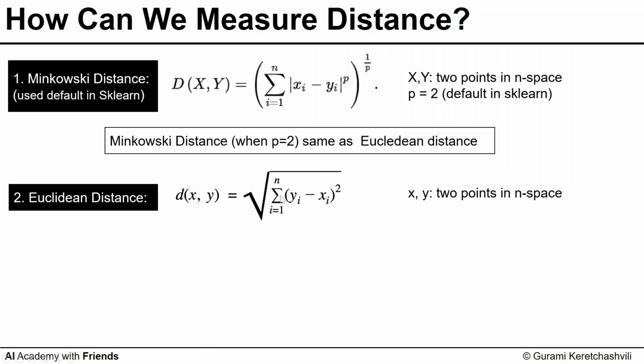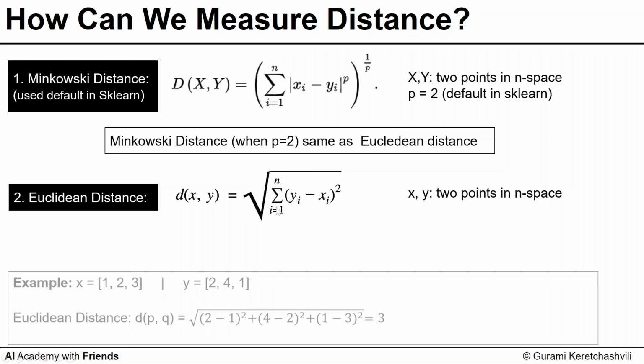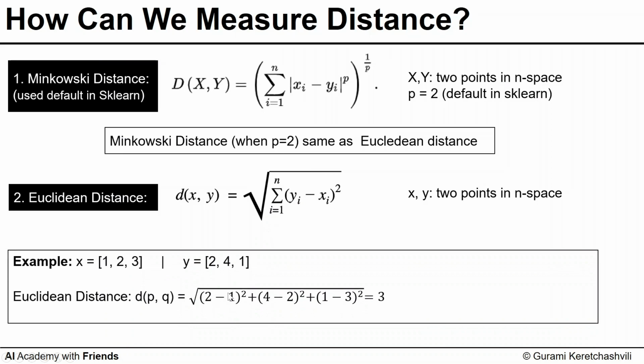Let's have an example to understand it better. Imagine we have one data point x with the following values: 1, 2 and 3. And we have another data point y with the values 2, 4 and 1.